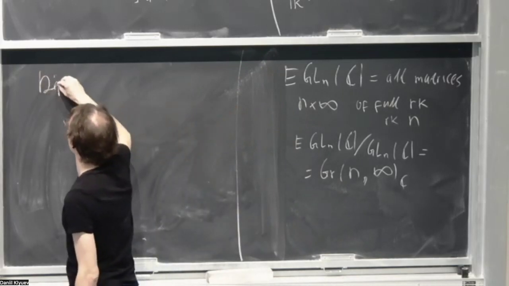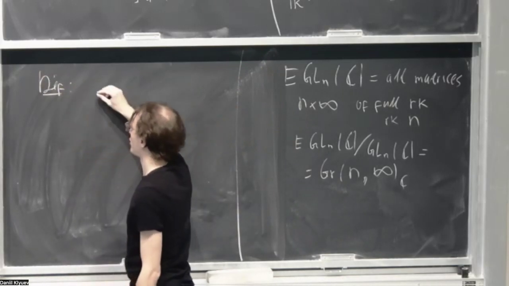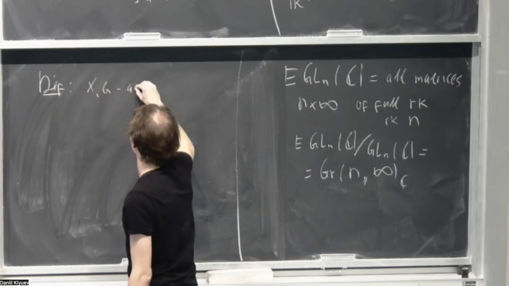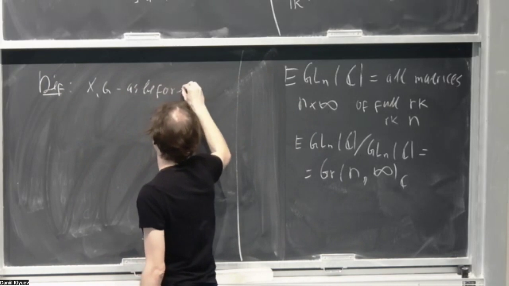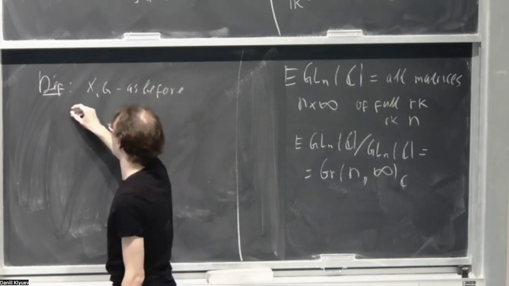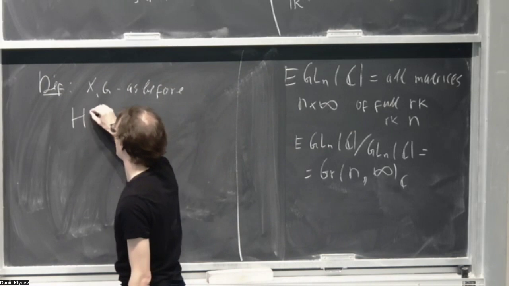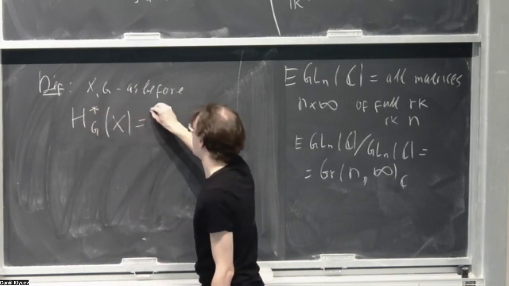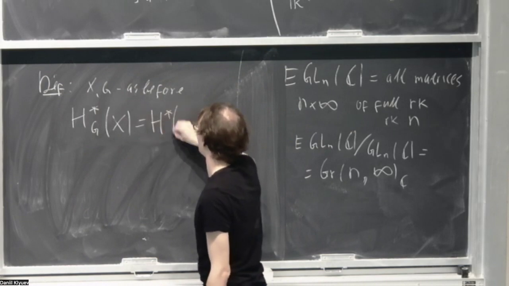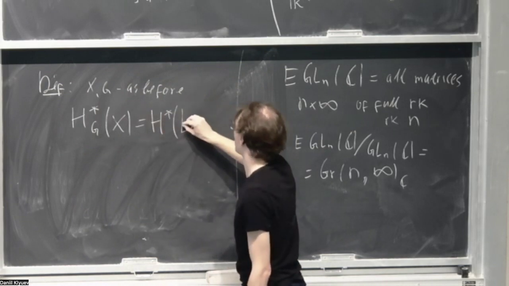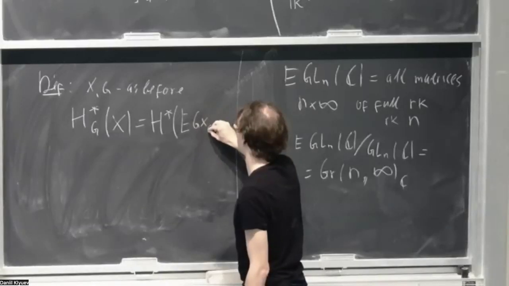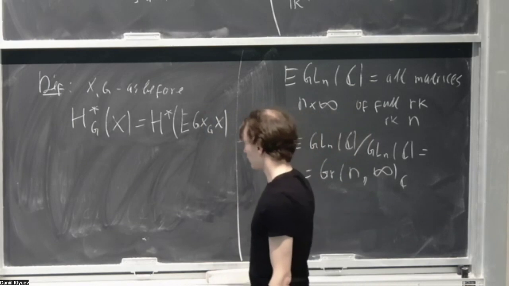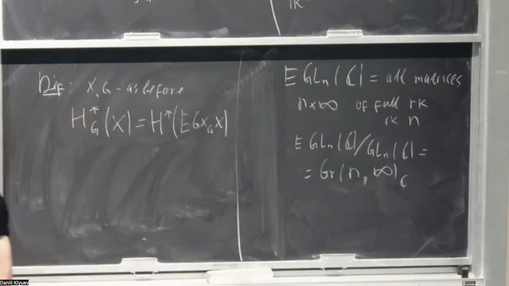Definition: if X and G are as before, then the equivariant cohomology ring H star G of X is just the cohomology ring of the homotopy quotient. Yeah, that's the definition. Any questions?